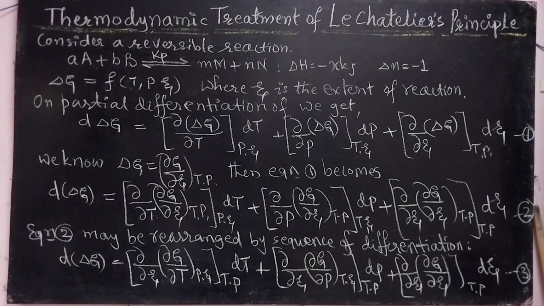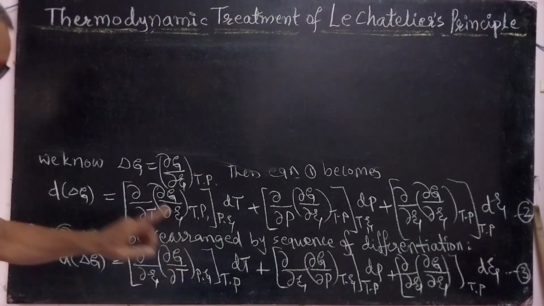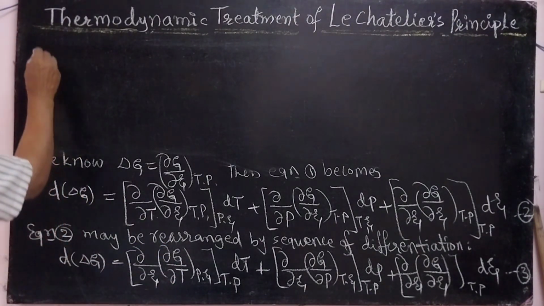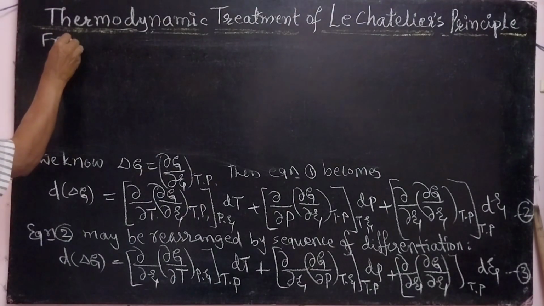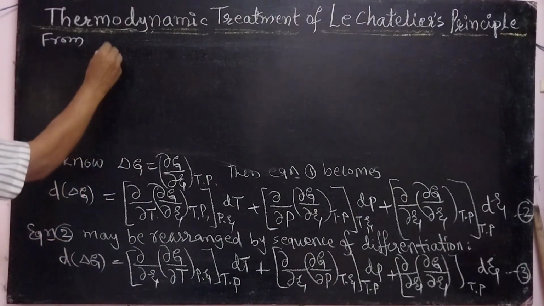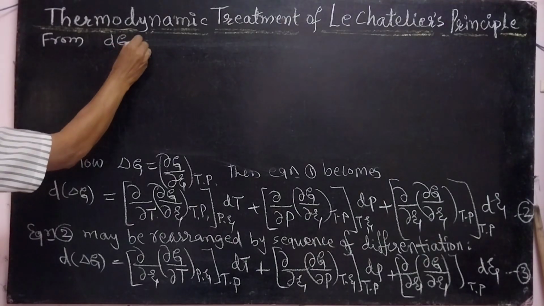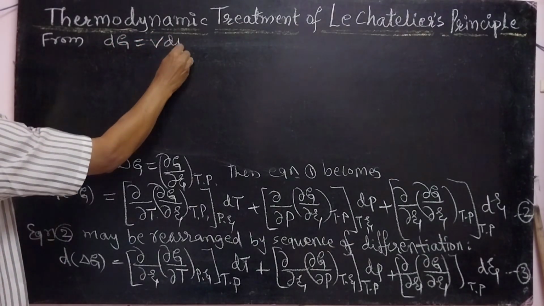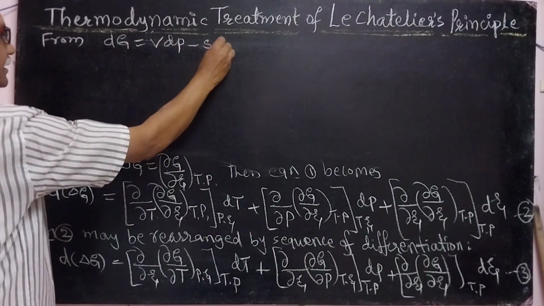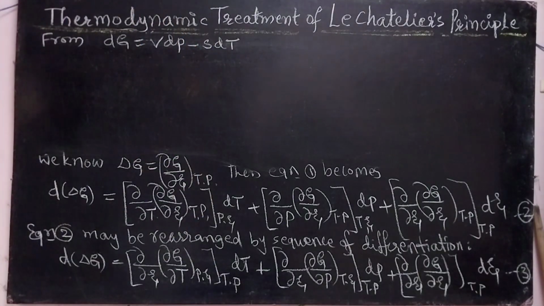Now ∂G/∂T from the equation dG = V dP − S dT.